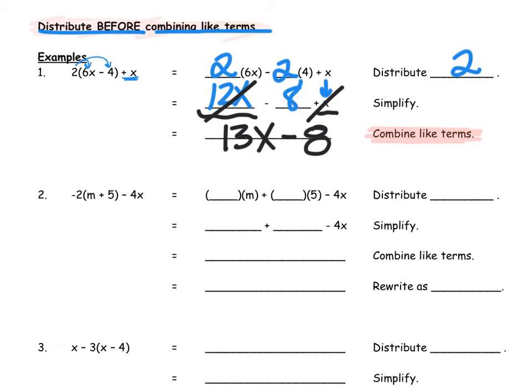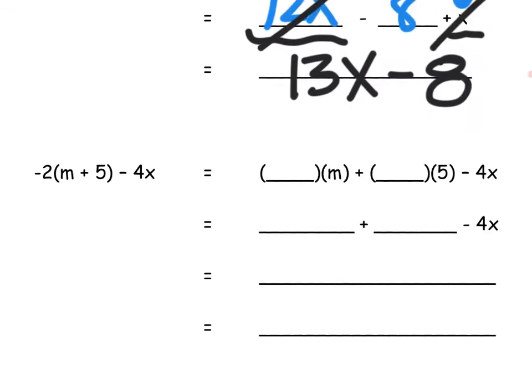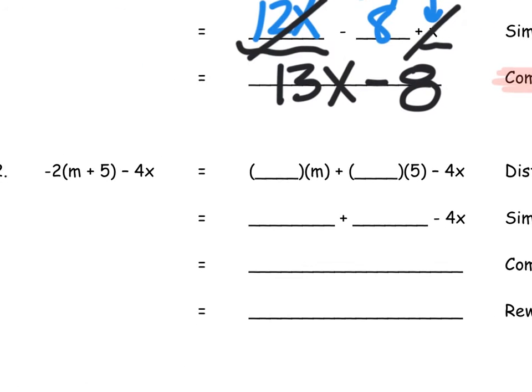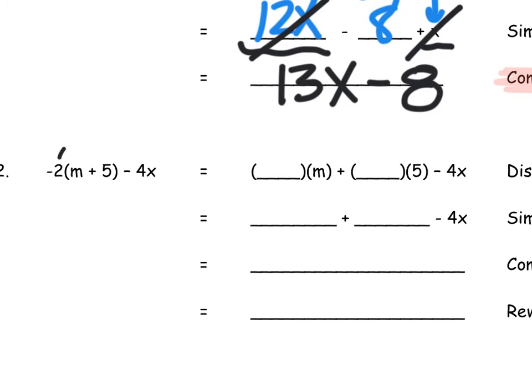Let's do one more. We're going to distribute the negative 2 to the m and the negative 2 to the 5. Notice that this negative 4x we do nothing with because it's not inside the parentheses. So I'm going to go ahead and highlight it.